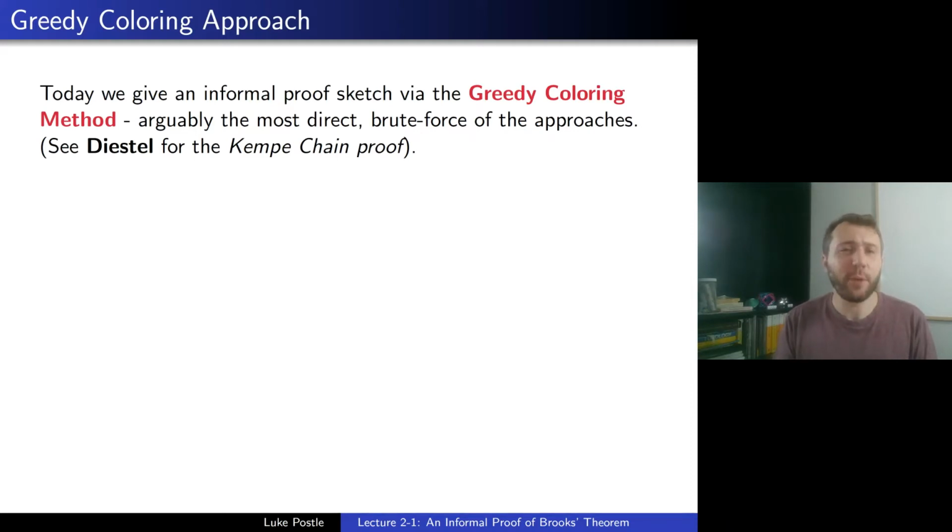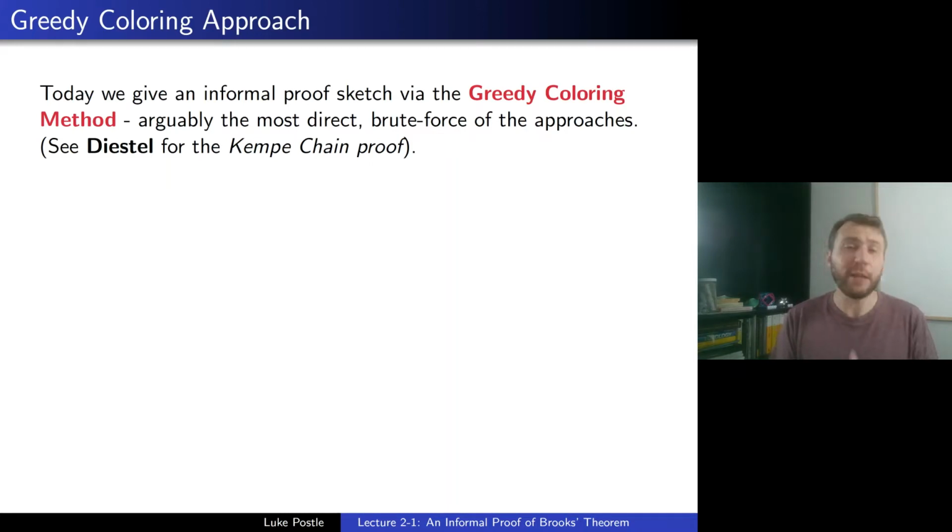The purpose of today's lecture is to just give an informal proof sketch of Brooks' theorem. Next lecture, we'll instead go toward a formal proof, to take our informal proof sketch and convert it into a formal proof. But today we're just going through the ideas. Why did I choose the greedy coloring method?